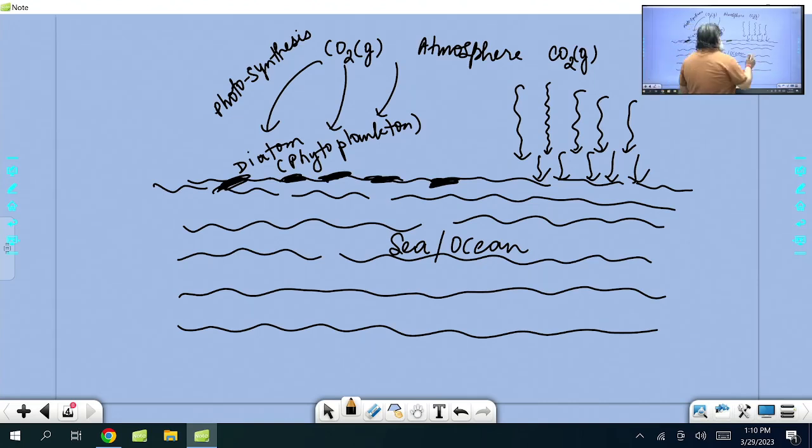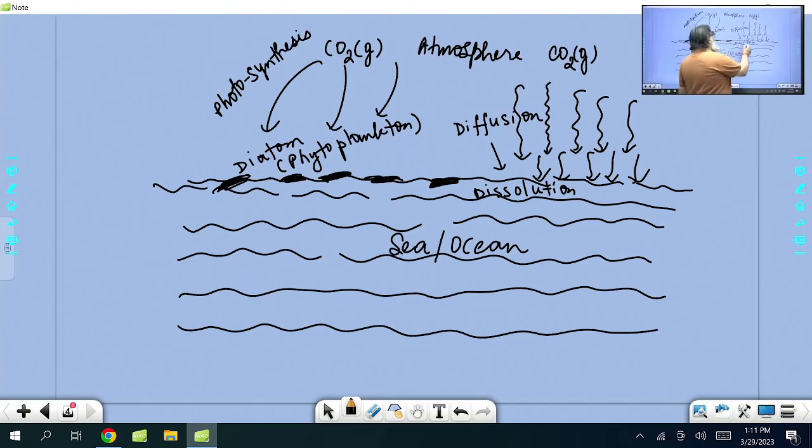There is something called diffusion, the process of diffusion of CO2 gas. Ocean water, sea water, salt water absorbs it. And it also gets dissolved. Dissolution. It dissolves with the sodium, potassium, all this salt.